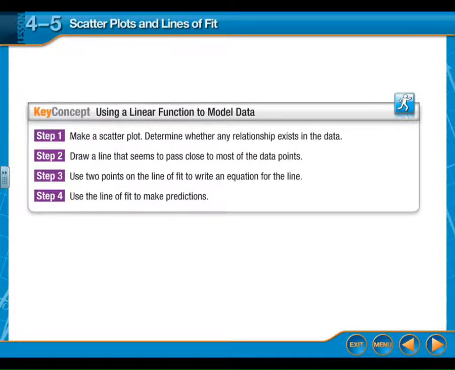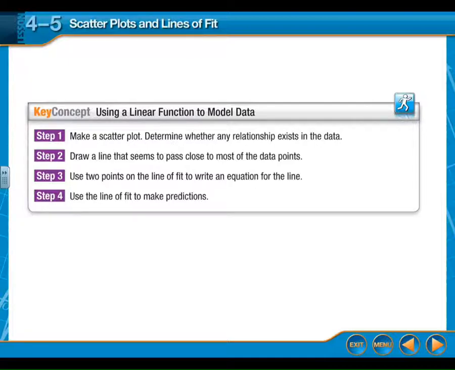Alright, here's another key concept model, using a linear function to model data. First thing you want to do is make a scatter plot. Determine if there's any relationship that exists in the data. Draw a line in step 2 that seems to pass close to most of the points of the data.